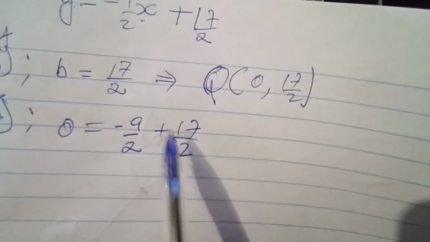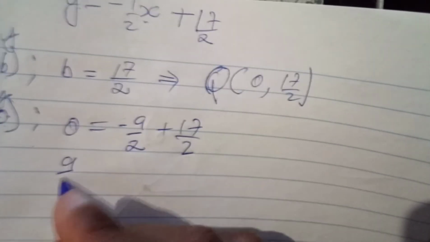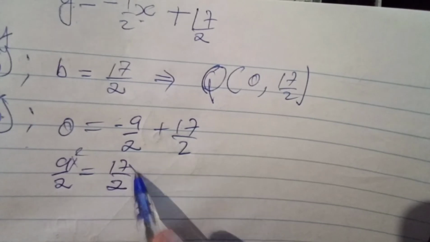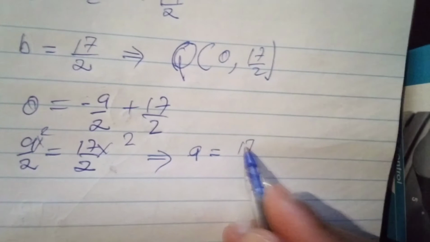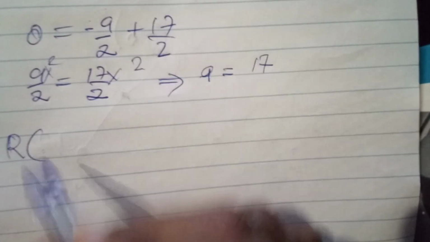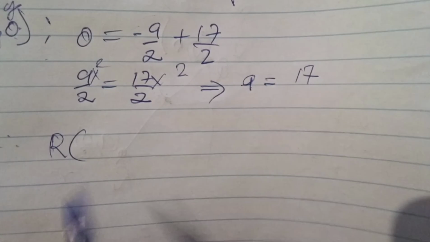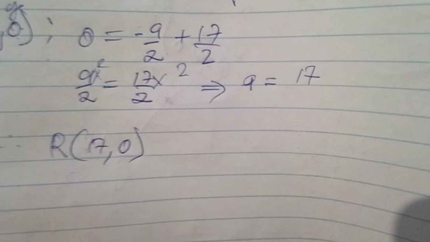You can take this to that side by adding, so it will be a/2 = 17/2. When we multiply both sides, this implies that a is actually 17. Therefore the coordinate of r is (17, 0).